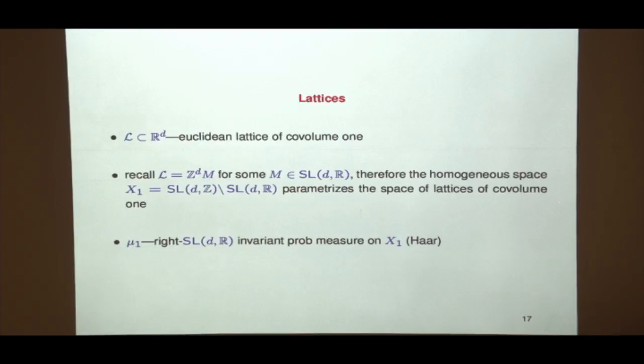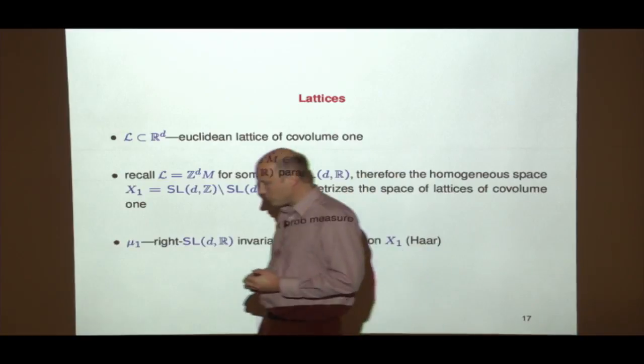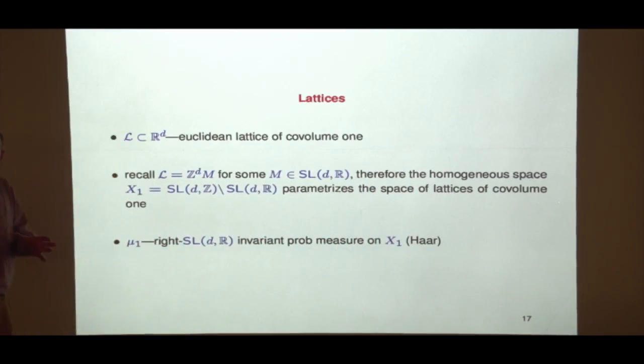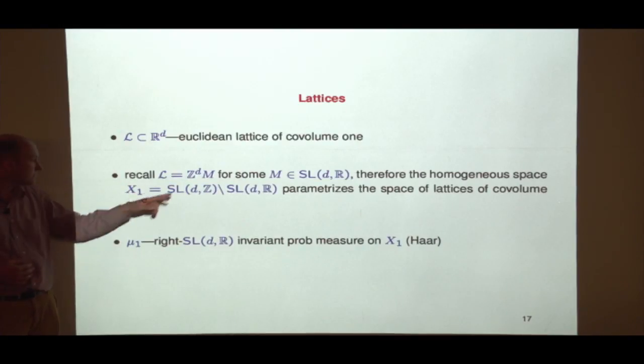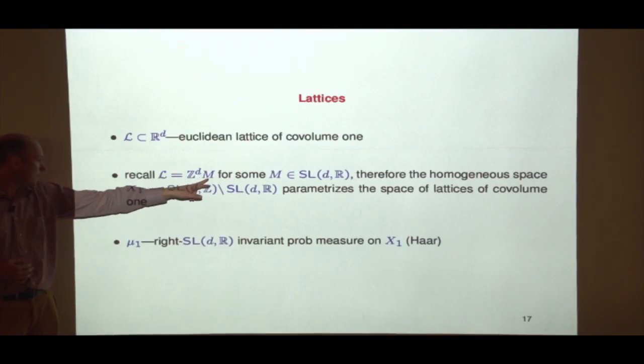In order to explain to you what we're doing, I need to introduce the notion of a random lattice, because the distribution of the free path lengths will be the distribution of a certain random variable that is a function of a random lattice. Every Euclidean lattice of covolume 1, so covolume 1 means the fundamental cell of your lattice has volume 1, can be parametrized in this way. You start with your cubic lattice, and then you shear it and turn it, rotate it.